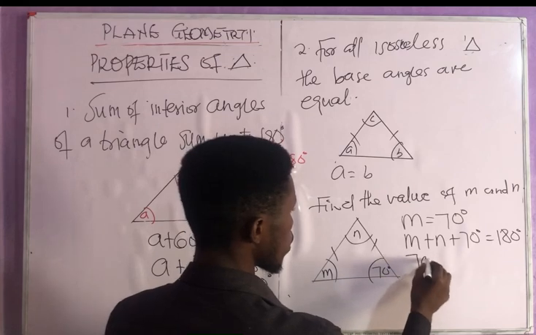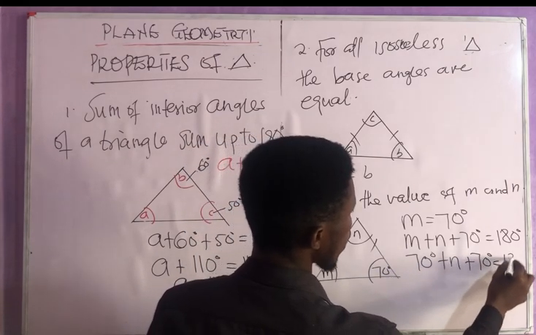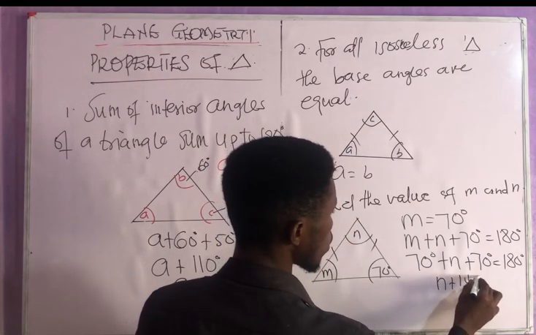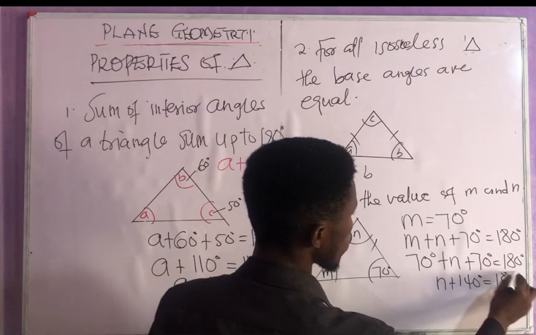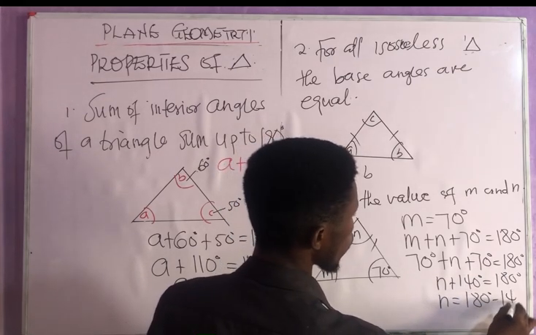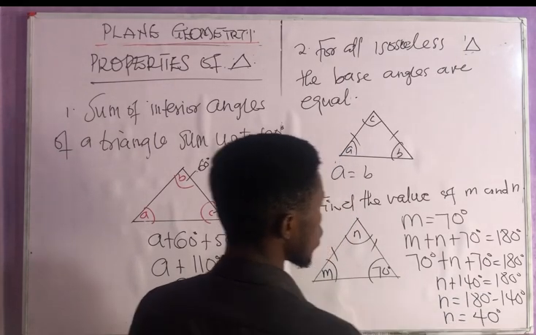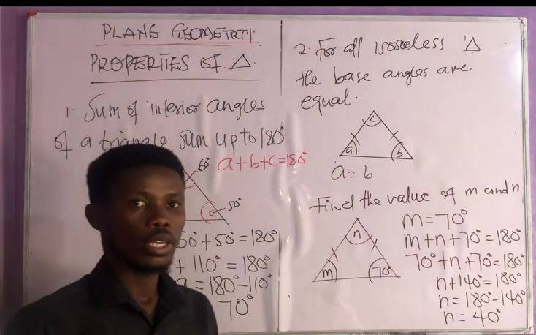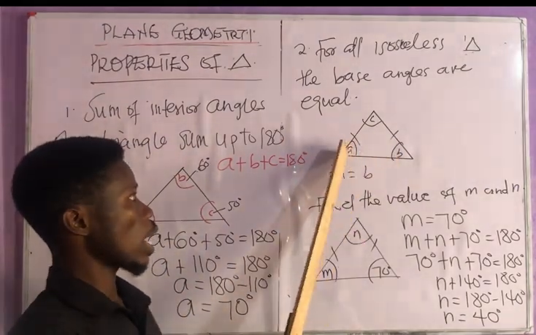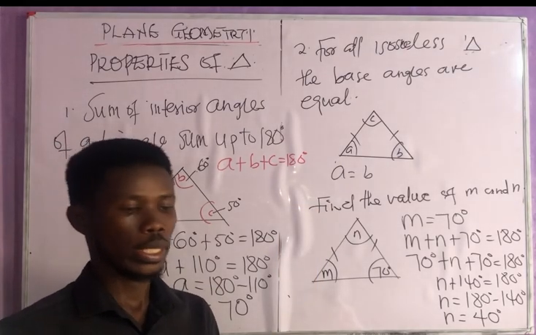So you have 70 degrees plus N plus 70 degrees equals 180 degrees. So N plus 140 degrees equals 180 degrees. So N is equal to 180 minus 140, so our N is equal to 40 degrees. Is that okay? So that is that property. The base angles are always equal. So take note of that.